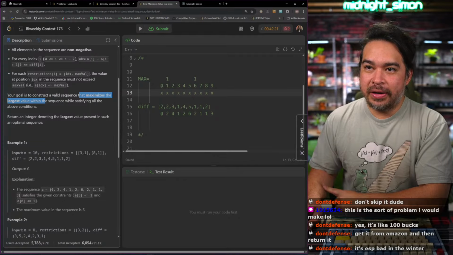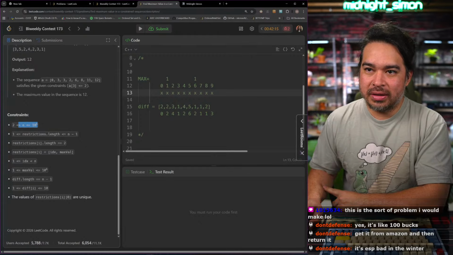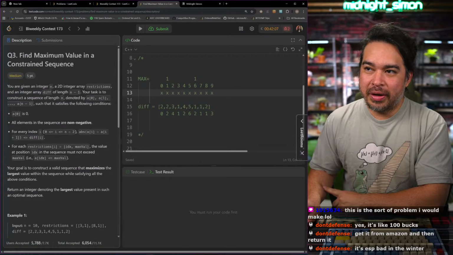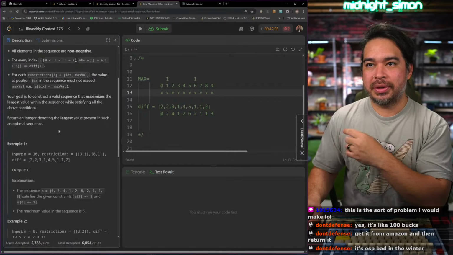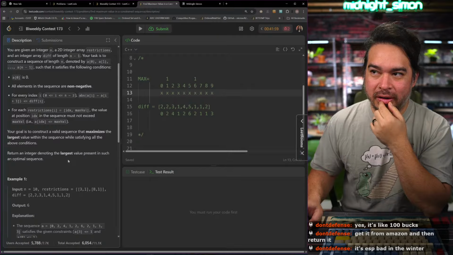Maximize the largest value within the sequence while satisfying the above conditions. Let me look at the constraints. 10 to the 5th, 10 to the 6 million. I wonder if I'm binary searching for the max value to see if it's possible, but I don't really know anything yet.